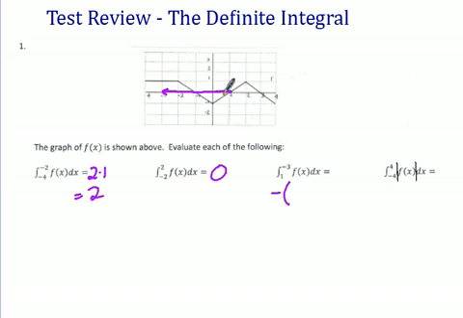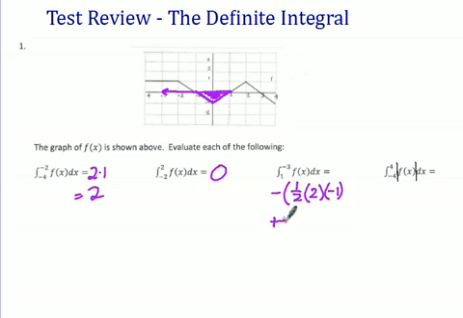Now, if I start here at 1 and go to -1, I'm finding the area of this triangle, which would be 1/2, has a base of 2 and a height of -1 because it is below the x-axis.